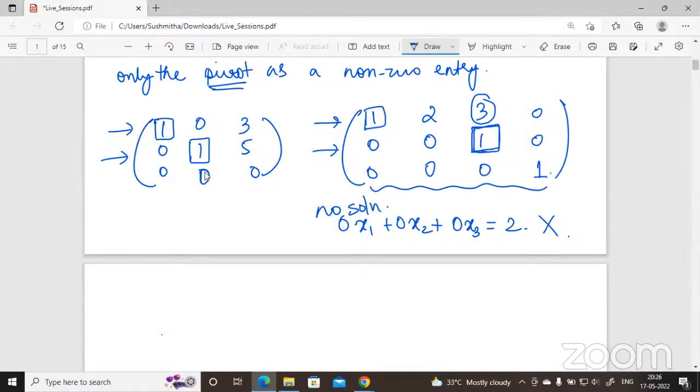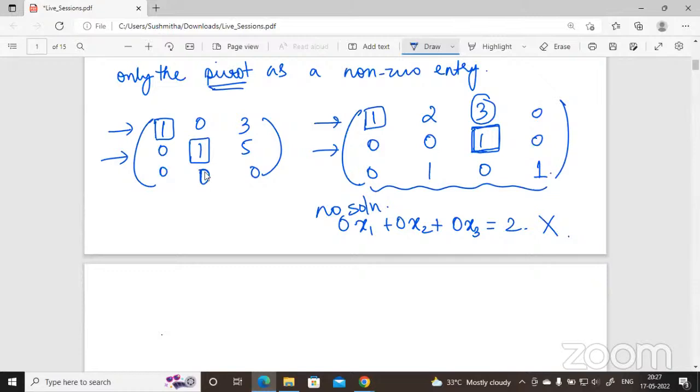If I swap the second and third row, the number of leading zeros in the second row will be more than the number of leading zeros in the third row, right? Okay, in case in the third row, if we have 0, 1, 0, then? Yeah, now it is not in row echelon form. But if you swap row 2 and 3, it will be, right? Yeah.